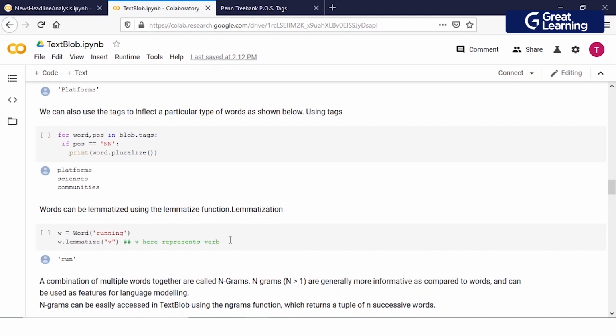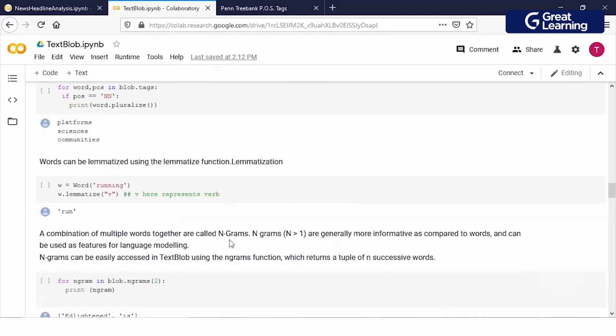That's my job. So having said that, let's look at what lemmatization means. In lemmatization, it takes the original word, running, which is a verb, as we already know, and we say lemmatize it to a verb. Why are you saying lemmatize we? What does we mean? We here represents verb.